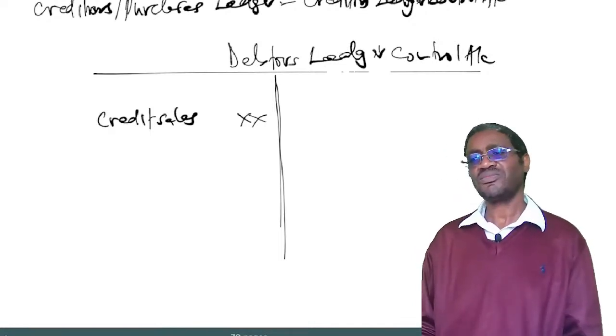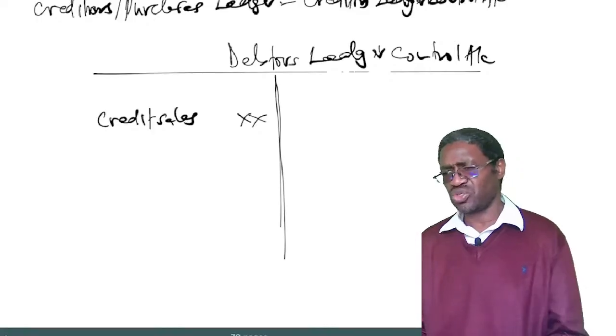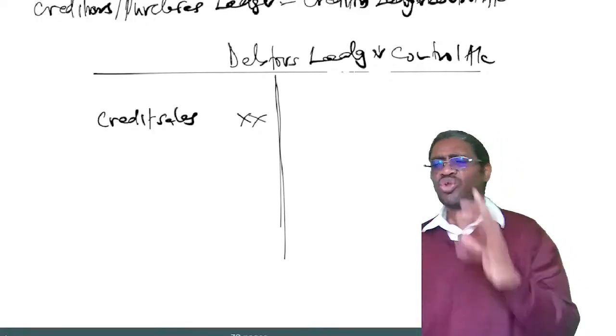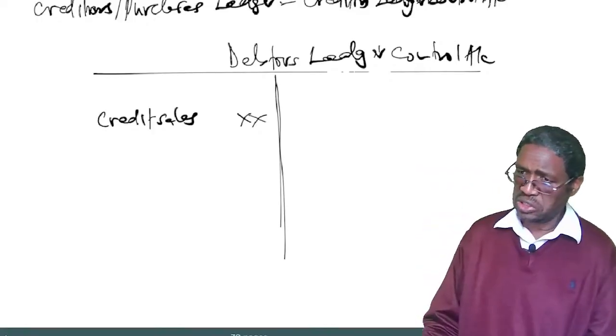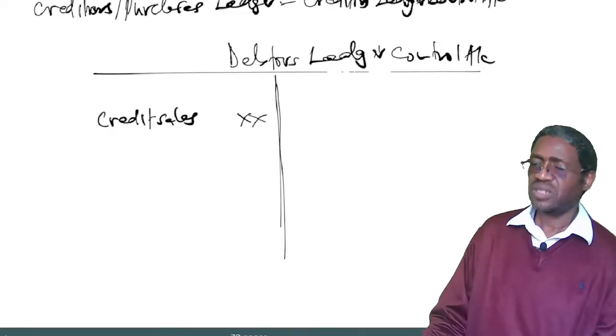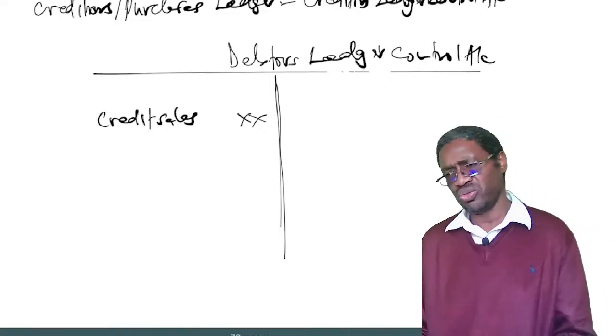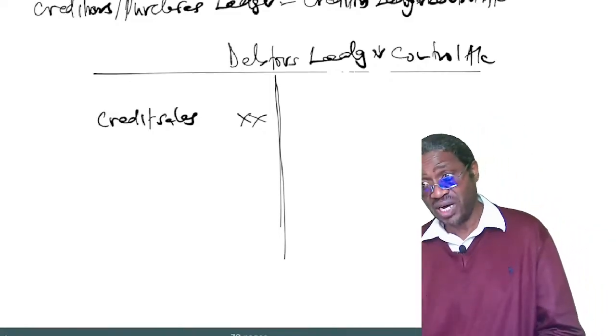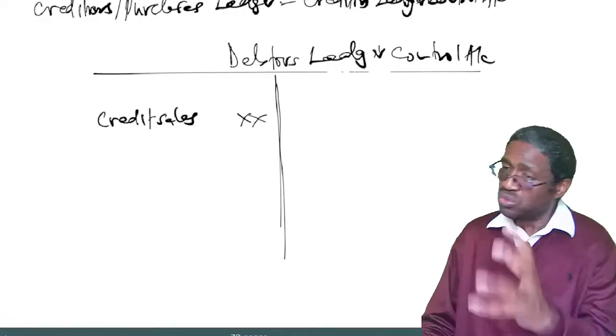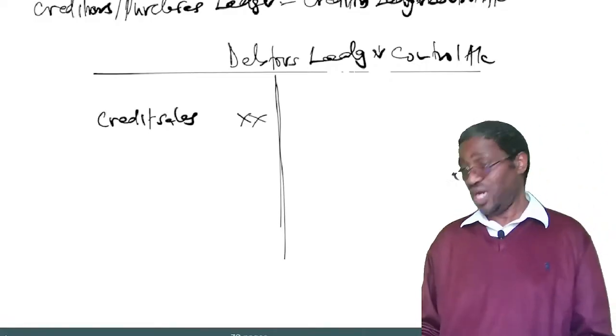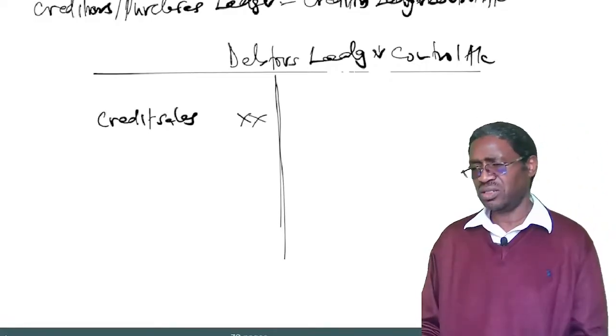Good. What other transactions do you know which normally go to the debtors account? Apart from the credit sales, what other transactions do you know that normally go to the debtors account? Up to now, from what we have done so far in other topics, you can tell me.